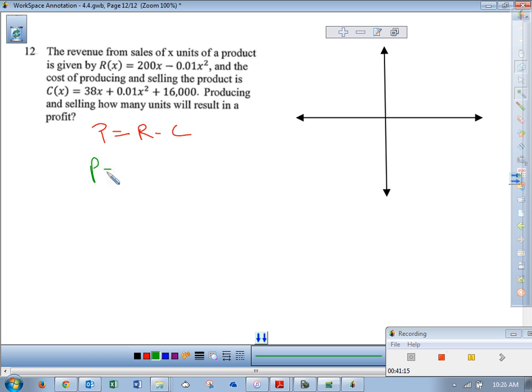So profit will equal 200x minus 0.01x squared minus the cost. So all the signs will change when you subtract it away. Because you're subtracting away the cost function. So it's the green one minus the blue one.